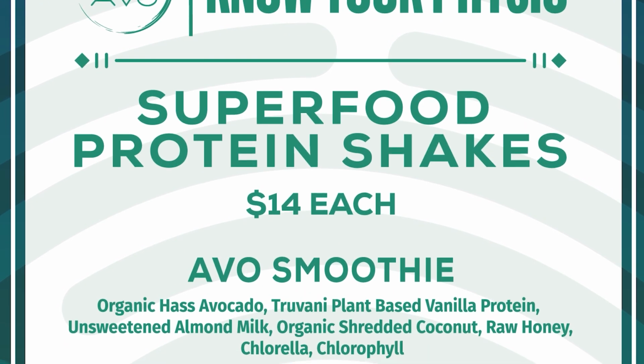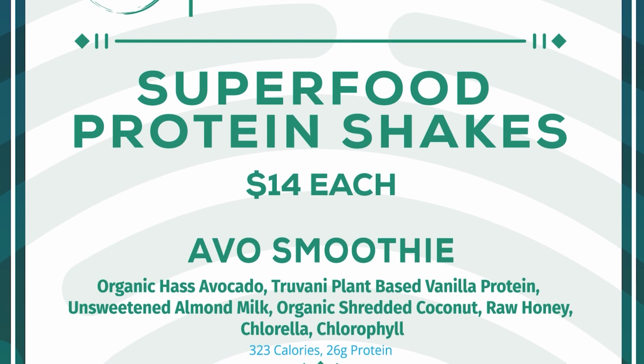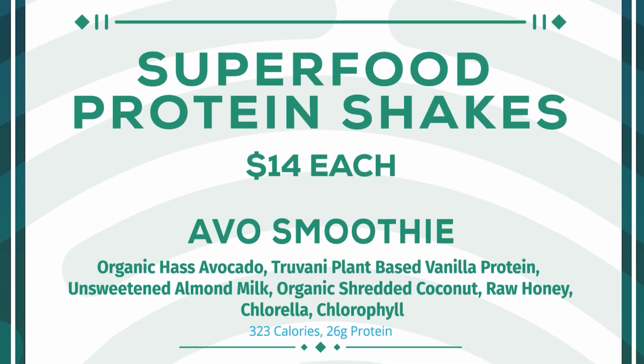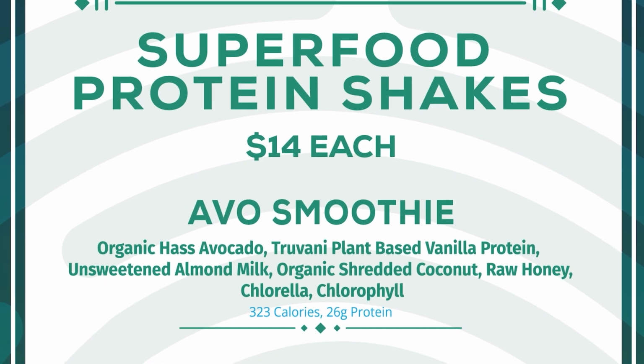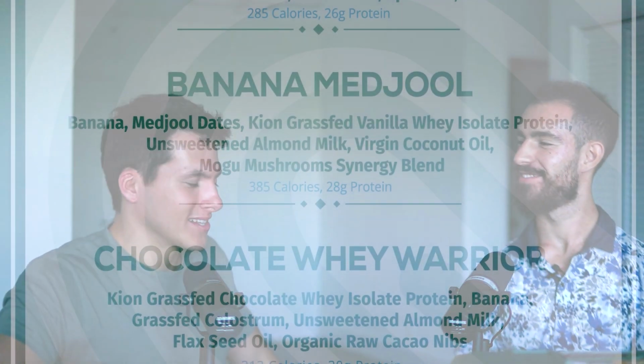It's got avocado, chlorophyll, some Truvani plant-based protein powder, the absolute cleanest and best top shelf protein powder blend. What else is in there? We've got some shredded young Thai coconut meat. It's good stuff. But there's another one. There's a chocolate one that we make.